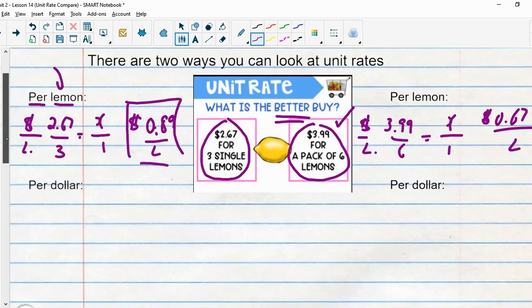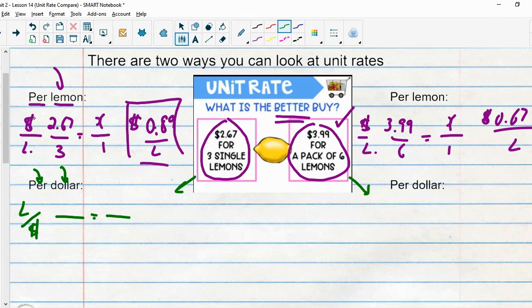Now, there's a second way you can look at this. If I'm going too fast, you can pause and slow down. The second way is if we flip the units upside down, meaning lemons per dollar, so I want the dollar at the bottom. Again, there's no right way to do this.